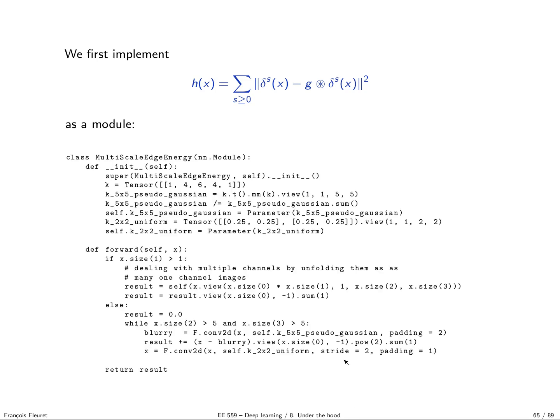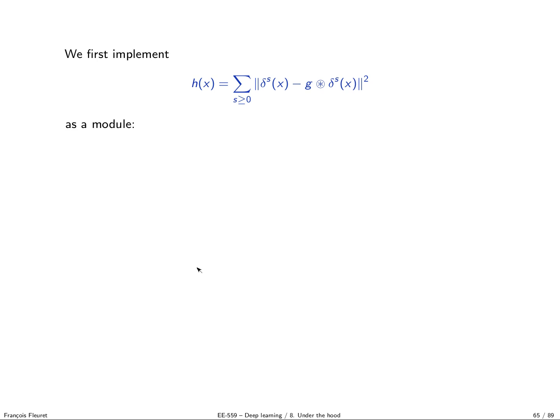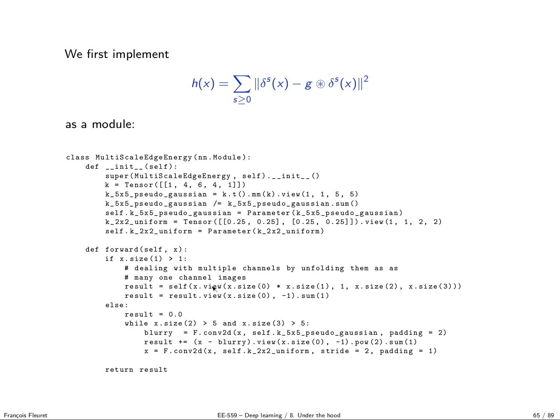Okay. To implement a full optimization, we need first to have an implementation of the penalty term. So we implement it as a module. In the constructor, we create two tensors. One is a Gaussian kernel for the blurring, and the other one is a 2x2 uniform kernel for the downscaling. And in the forward pass, if we get a multi-channel image, we first unfold it as a batch of one-channel images, where the number of images is now multiplied by the number of channels.